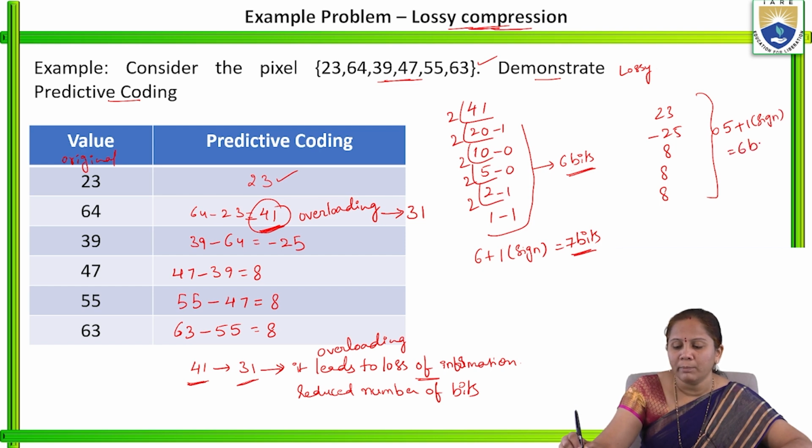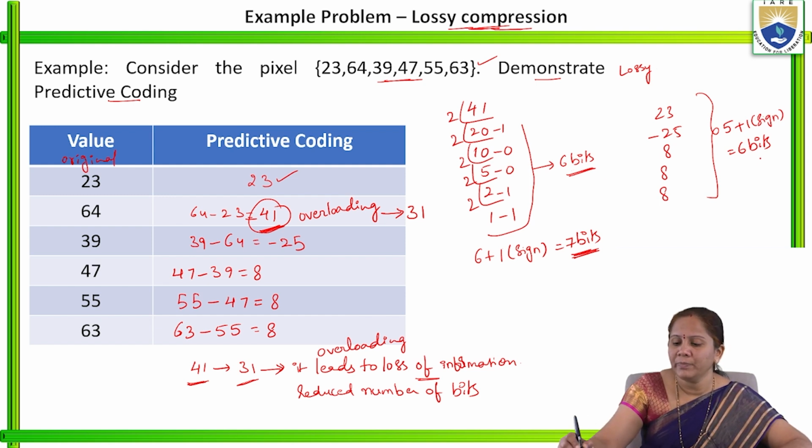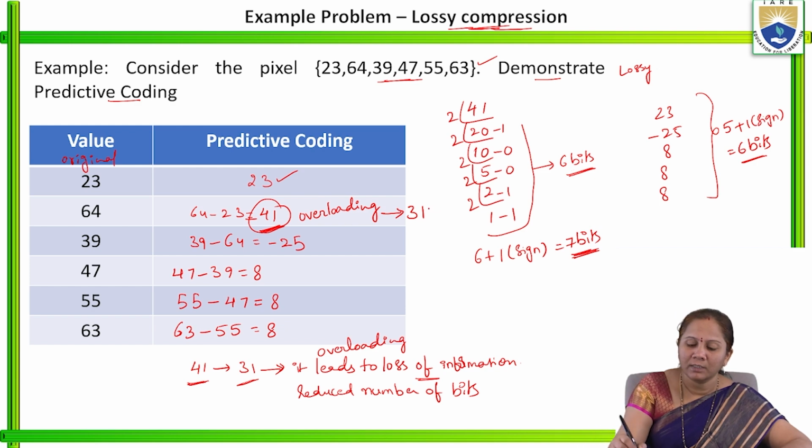So totally by using 6 bits, the remaining values can be represented, whereas to represent only this 41, you require 7 bits. So we have reduced this overloading value into the maximum pixel value which can be indicated with the same 6 bits, that is 31. Now instead of 41, we have to consider the pixel value as 31.